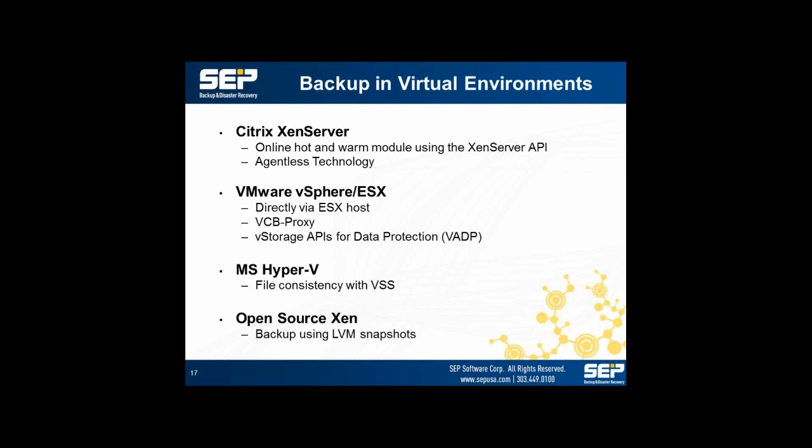Some of the cool things that we do with Citrix Xen Server: if any of you have ever shut down or blown away a Windows VM and tried to restore it with a competitor's product with Citrix, you'll probably see that when you activate the VM, it asks you to go in and re-enter your Windows product key code for your Windows license, and any third-party software on the VM is going to ask you to do the same.